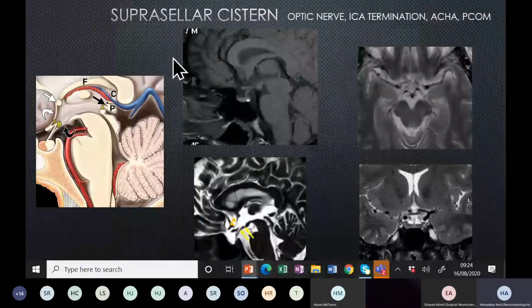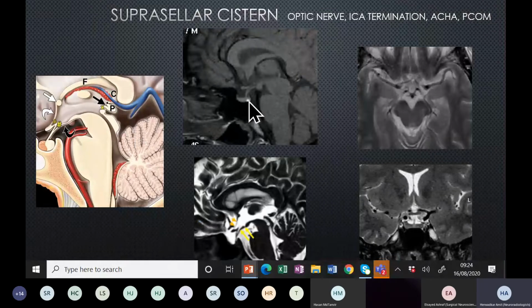So I hope you're seeing the suprasellar cistern slide now. So you've got a sagittal pictorial representation with an MR picture over here in the sagittal plane, in the axial plane, and in the coronal plane. So as I said earlier on, the suprasellar cistern is the one which is above the sella. So you've got the sella over here with the pituitary gland residing within the sella, the dorsum sellae, and the cistern itself is this space above the sella itself, which is going to be this space over here.